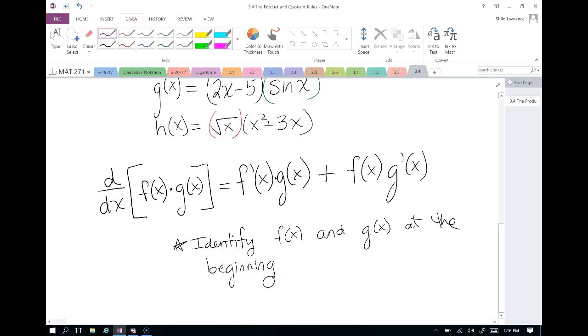So we're going to identify f and g at the very beginning of the problem, and we're going to calculate f prime of x and g prime of x individually. Then it's just a matter of kind of putting the puzzle pieces together and simplifying.